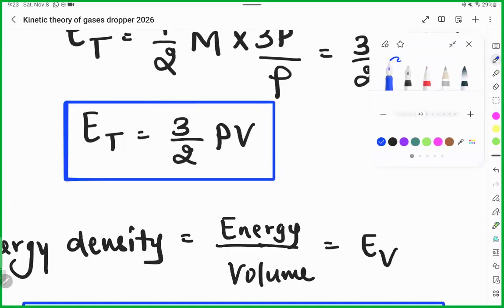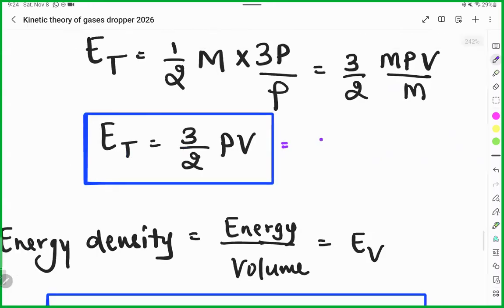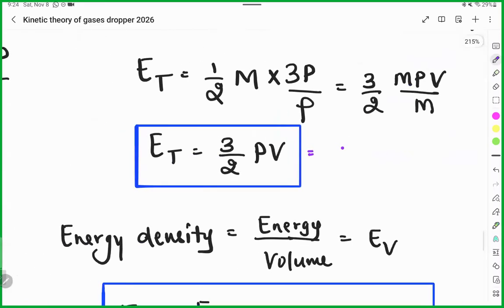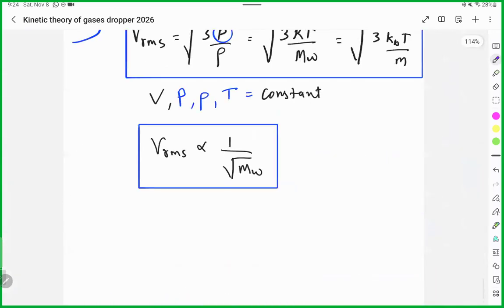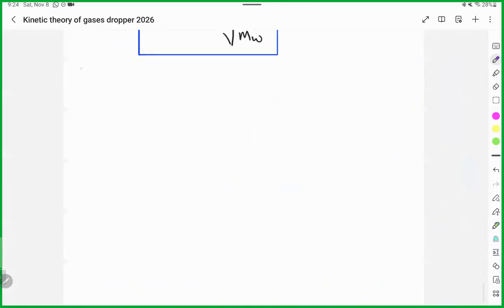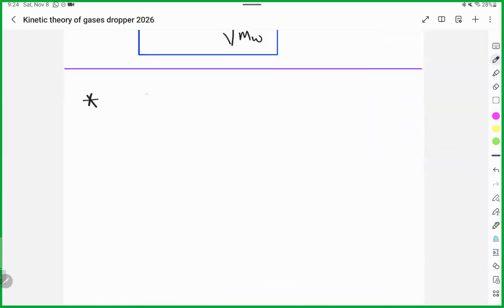Let's check this. According to your question, we have to calculate pressure. So the translation energy is equal to 3 by 2 PV. Guys, I'm solving the question. We have to calculate pressure.